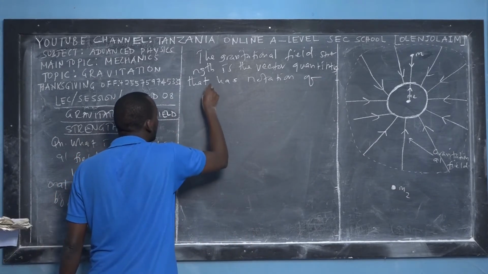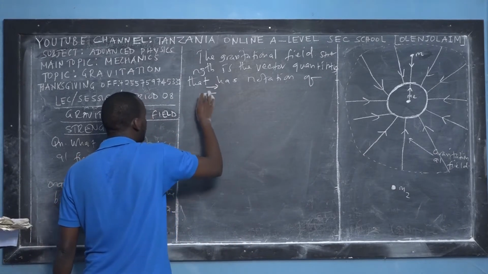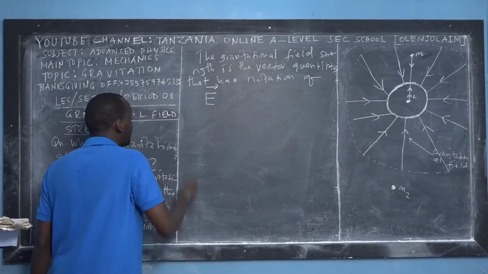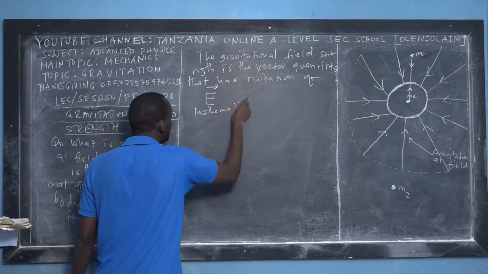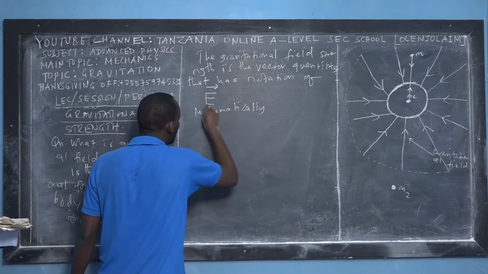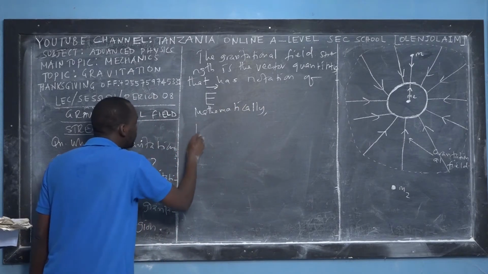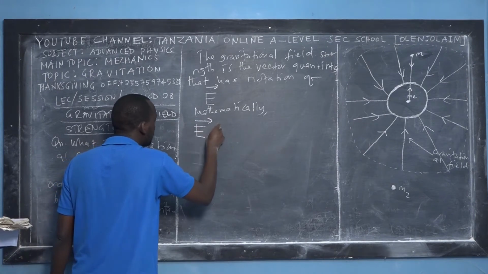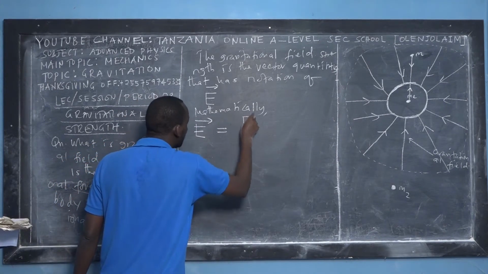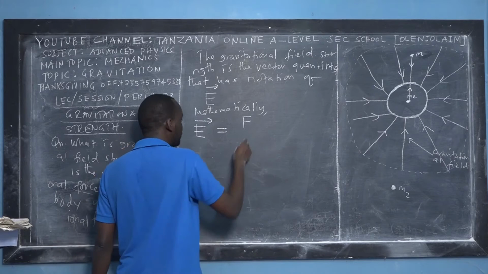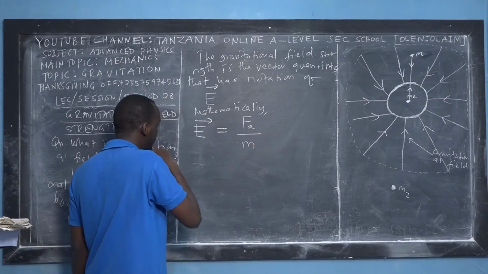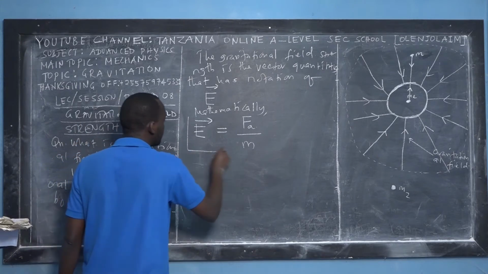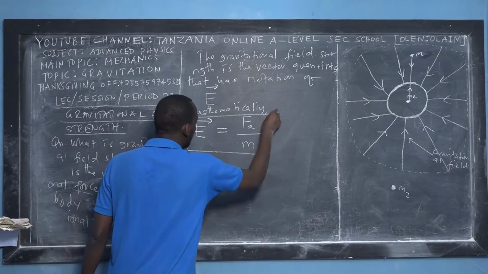This is the notation for gravitational field strength. So mathematically, we define gravitational field strength as equal to the force of attraction, or gravitational force, over the mass of the body.